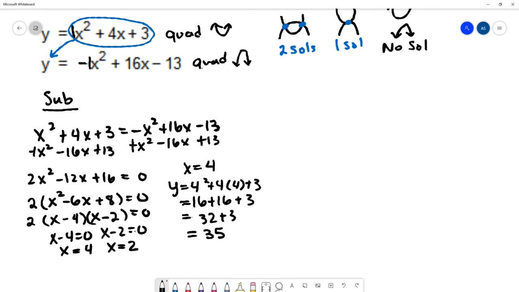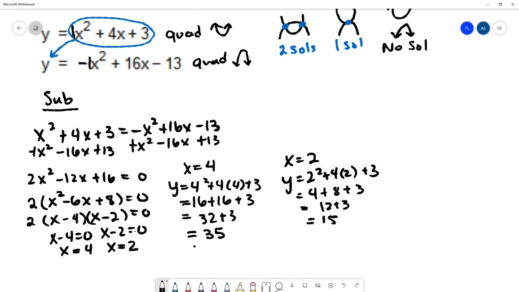And if x is equal to 2, y is 2 squared plus 4 times 2 plus 3. It's 4 plus 8 plus 3. 12 plus 3 is 15. So we have solutions of 4, 35, and 2, 15. So this is solving it with the substitution method.